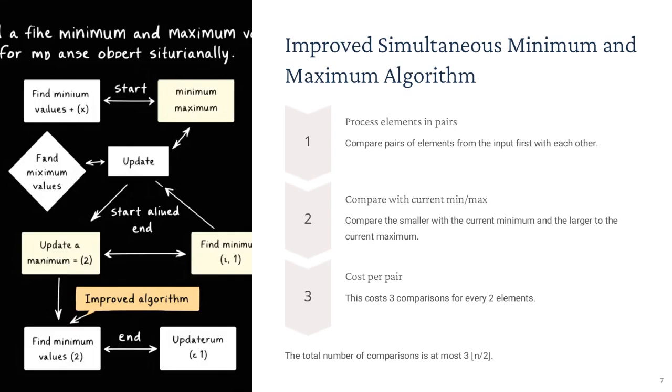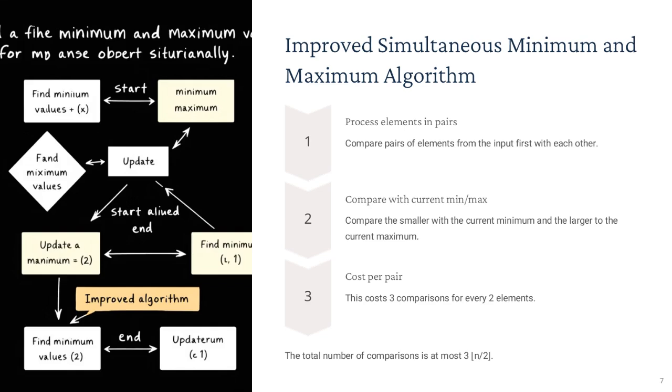The improved algorithm for simultaneously finding the minimum and maximum processes elements in pairs. Each pair is first compared internally to identify the smaller and larger values. Then, the smaller is compared to the current minimum, and the larger to the current maximum. This strategy achieves an efficient 3 comparisons per pair of elements. This technique reduces the number of comparisons significantly.